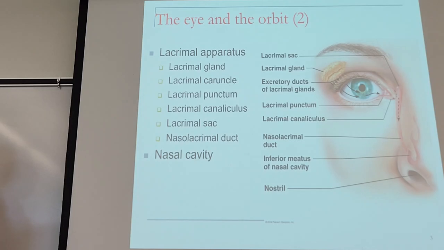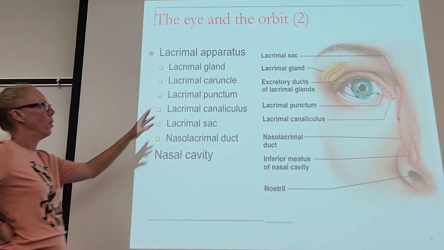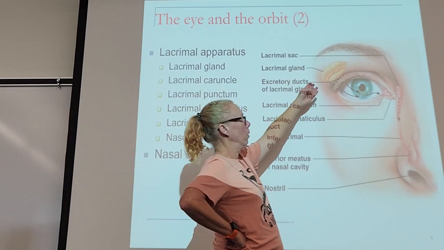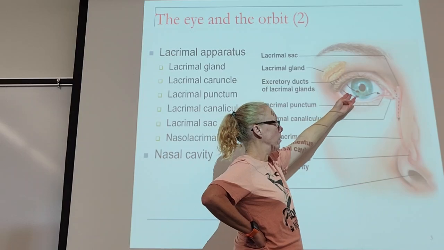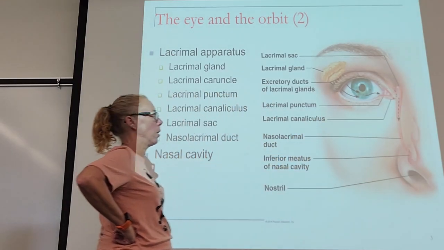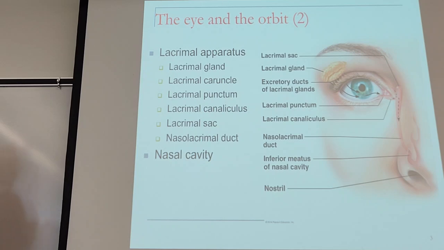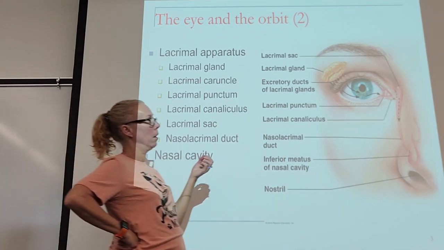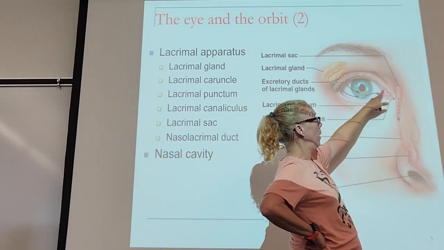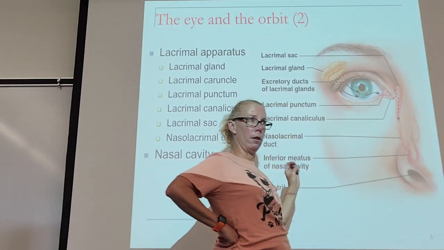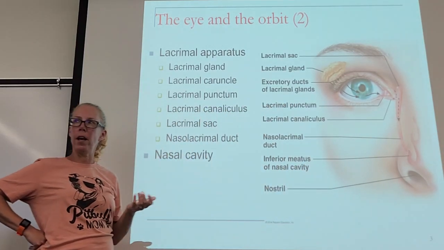So, knowing what you know now about the lacrimal gland location and where tears are delivered into the eye socket, when you put an eye drop in your eye, should you put it in the area of the medial canthus or the lateral canthus? The lateral canthus, right?